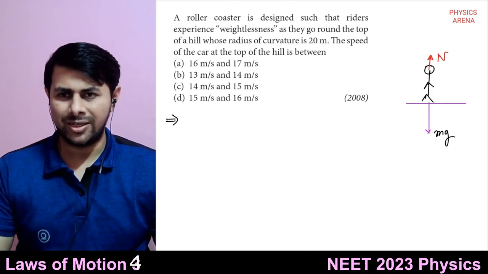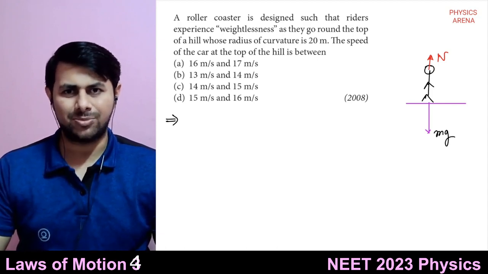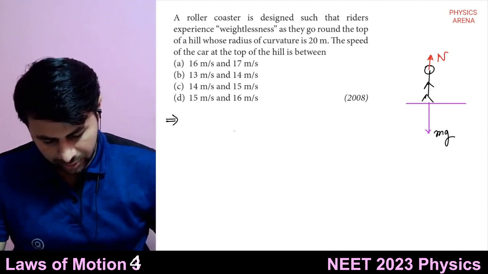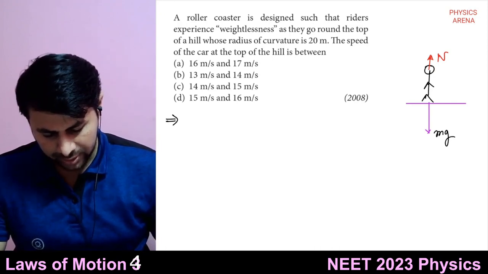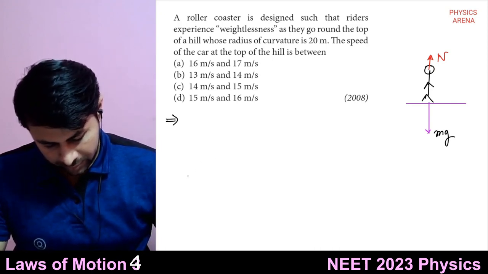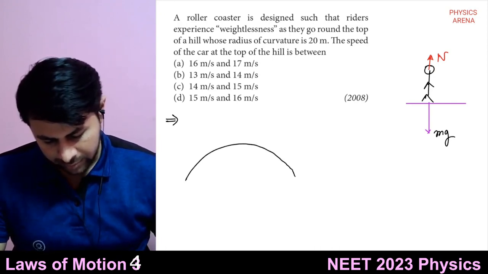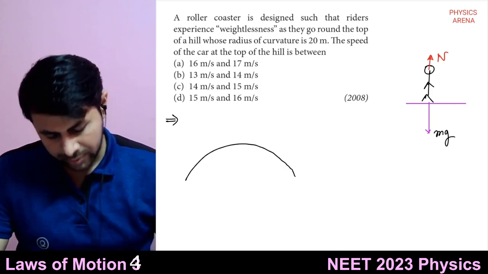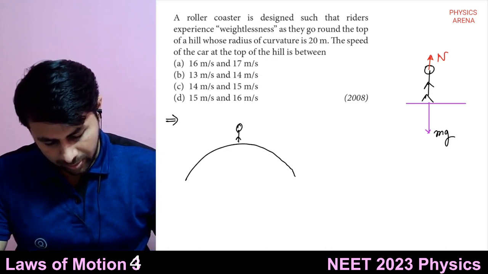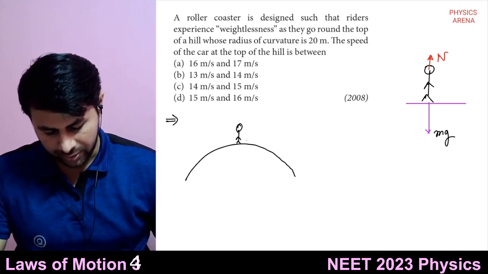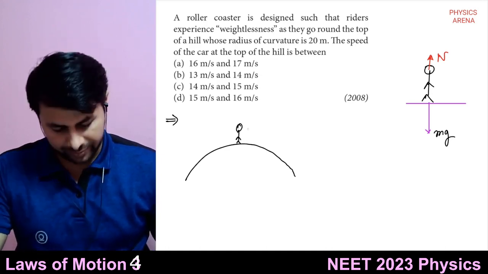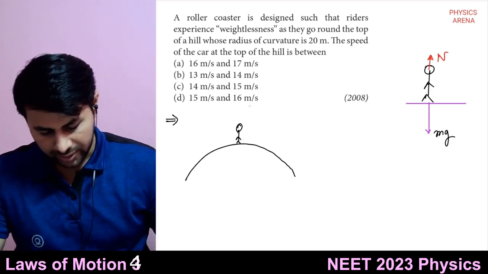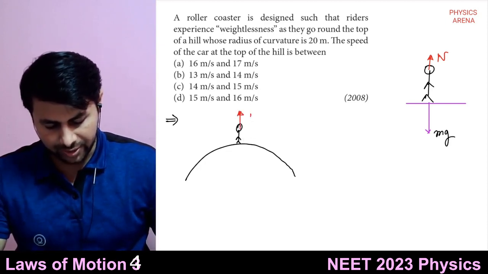So what is our weight? It's not the gravitational force. It is equal to the normal reaction. So now, see, in this roller coaster, when the rider is on the top of the hill, the rider feels weightless. So why so? There will be some normal reaction.